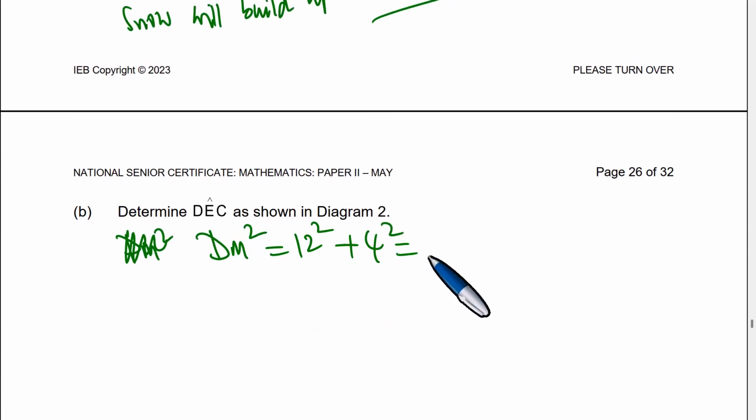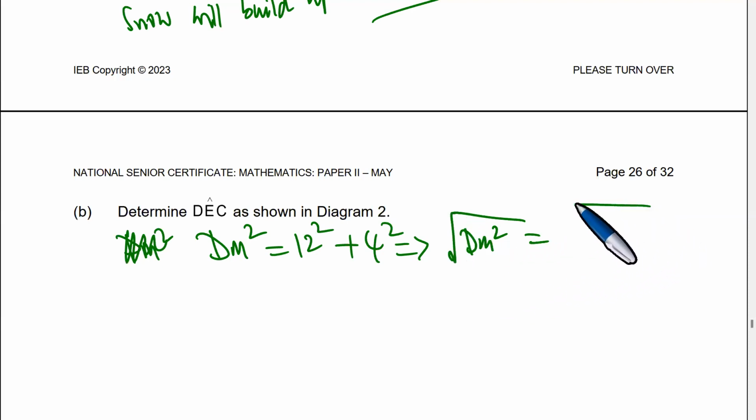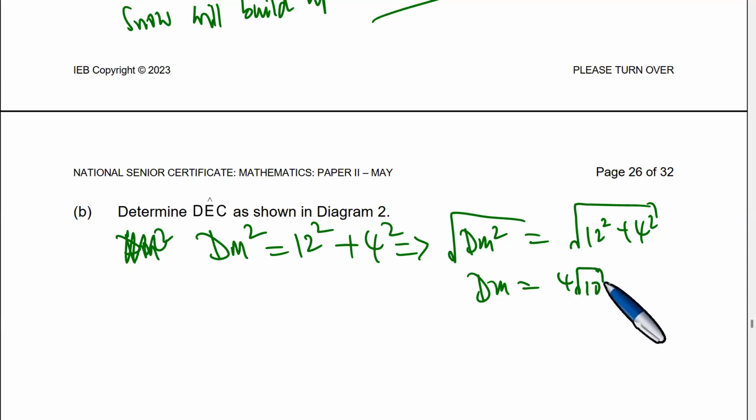And this implies that if you take the square roots, DM is the square root of 12 squared plus 4 squared. DM is 4 square root of 10.